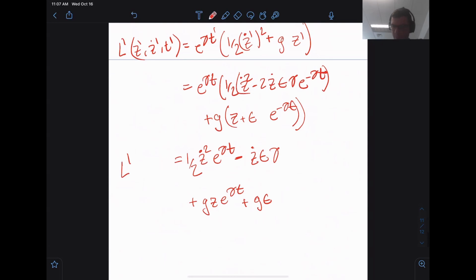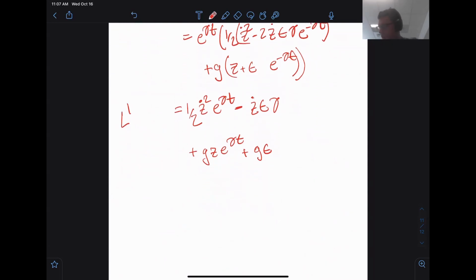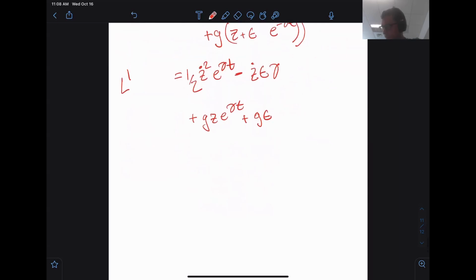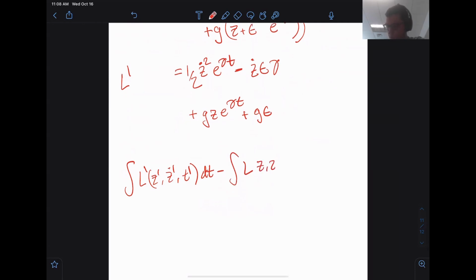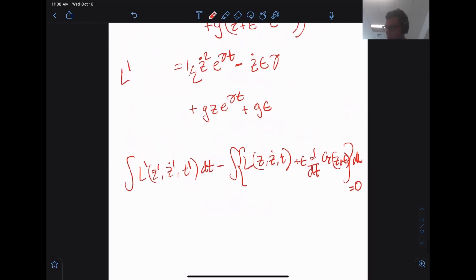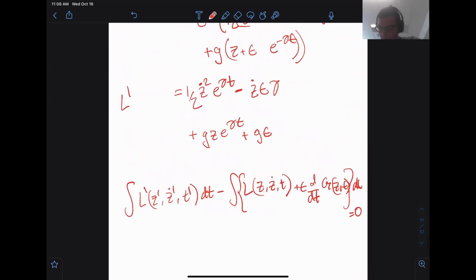So again, we're going to use this formula. And hopefully a lot of stuff will cancel out again like last time.